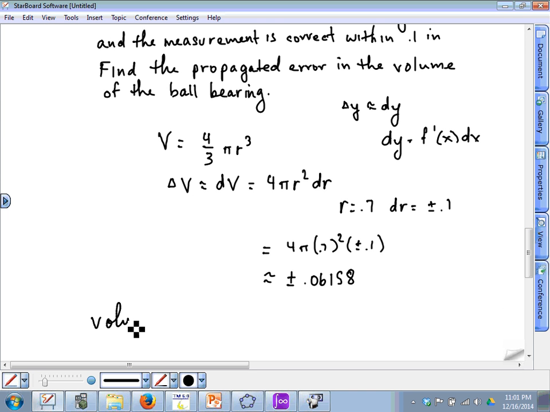So you would say the volume has a propagated error of about 0.06. What this means is the volume that you calculate using 0.7 could vary from the actual volume by about 0.06. Because remember, we're using a measured value of 0.7, which may not be the exact radius of the ball bearing.